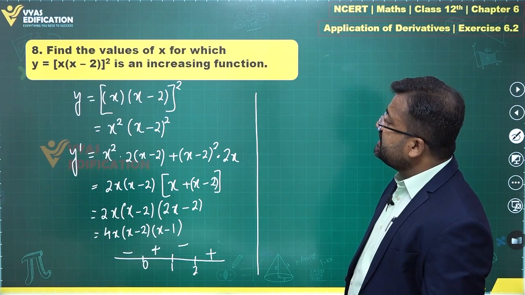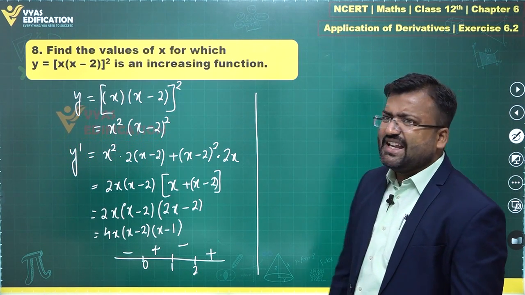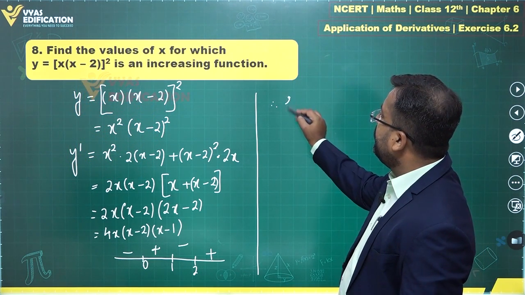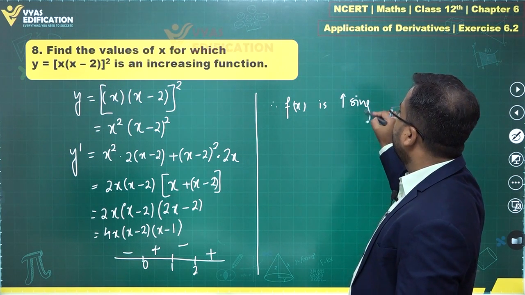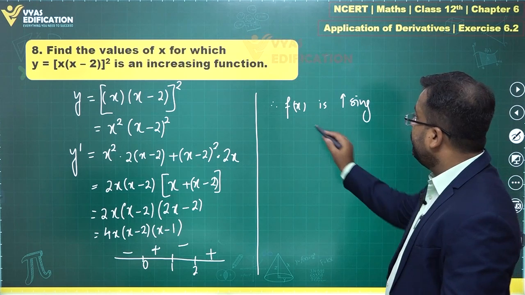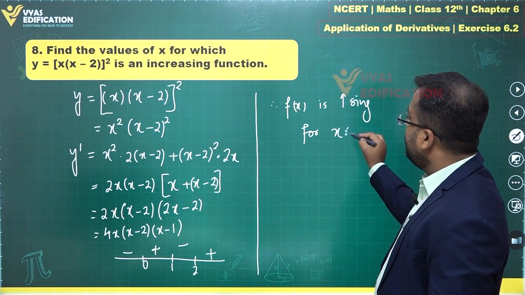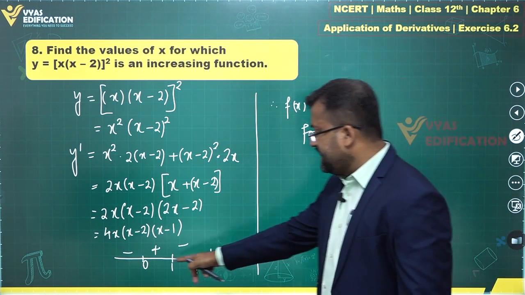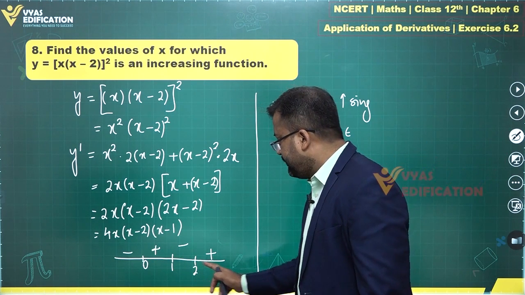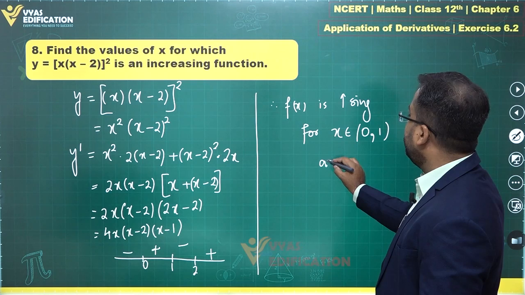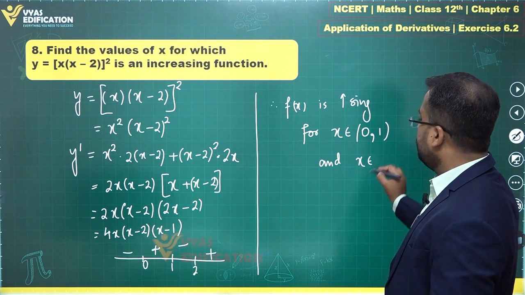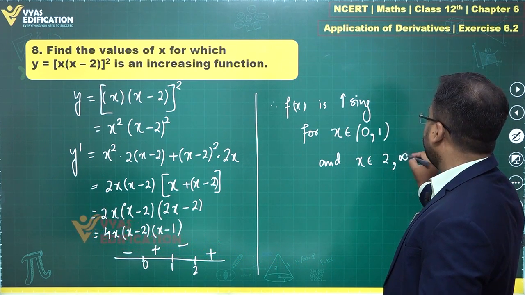And the question has asked, find the values of x for which this is an increasing function. Therefore, f(x) is increasing for x belongs to, increasing implies that the derivative should be positive, (0, 1) and x belongs to (2, infinity).